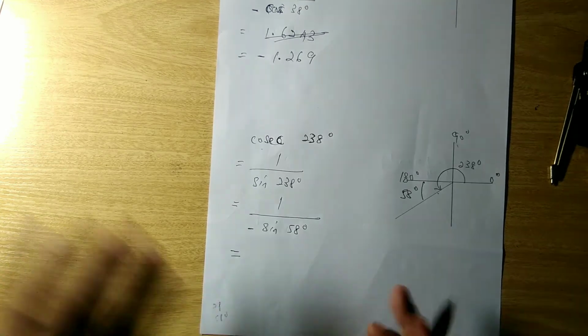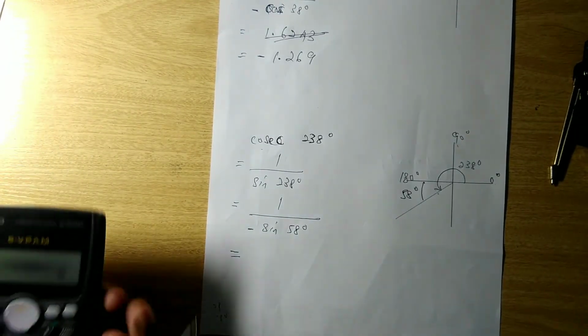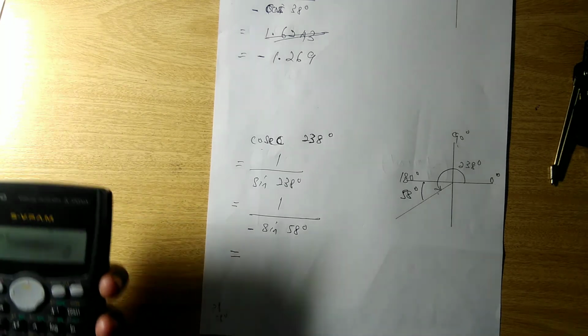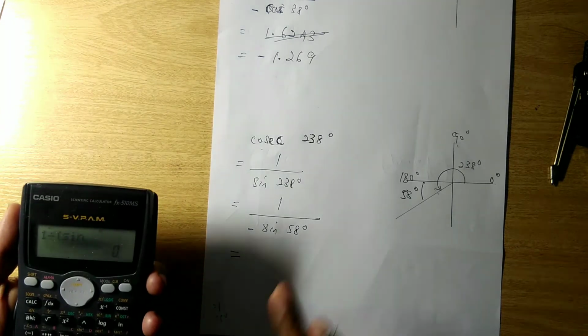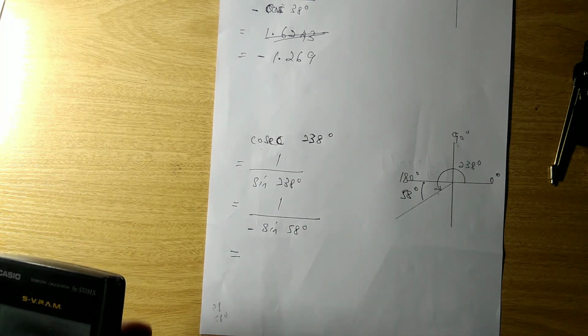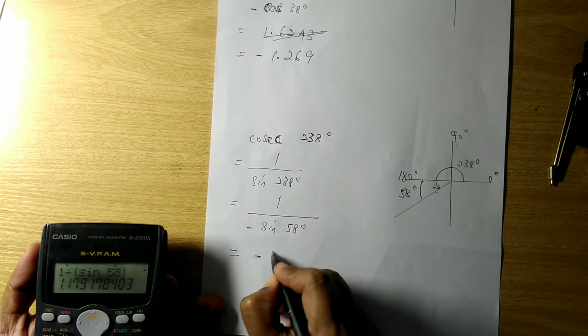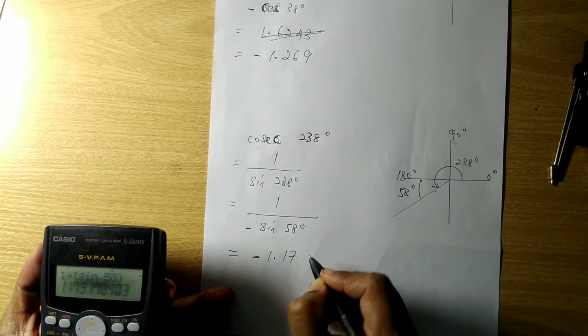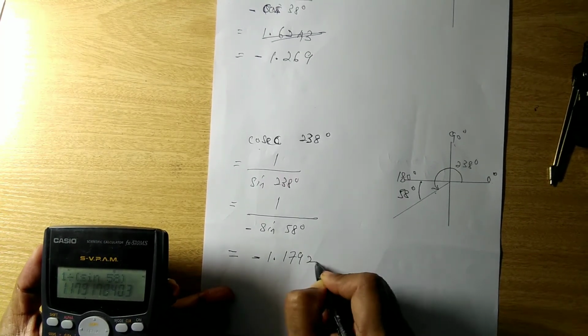So it's 1 over sine of 58. So it actually gets negative 1.1792. Okay, all right.